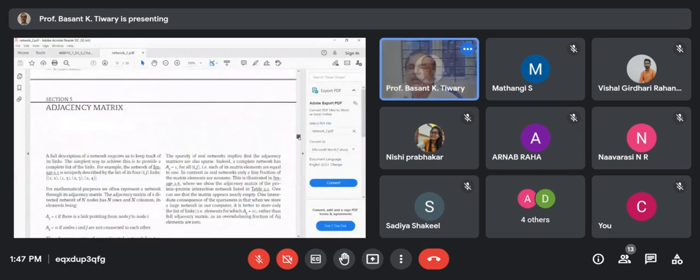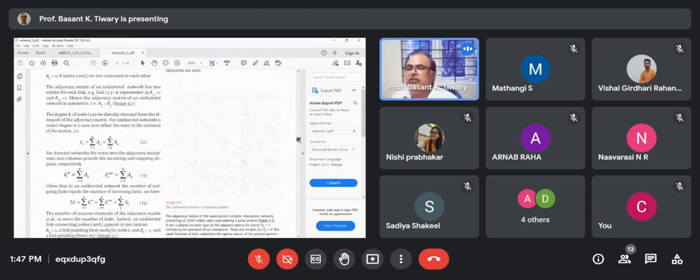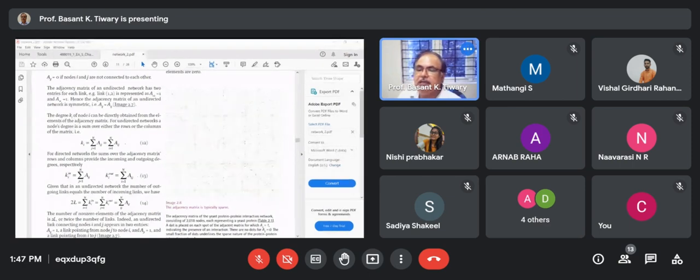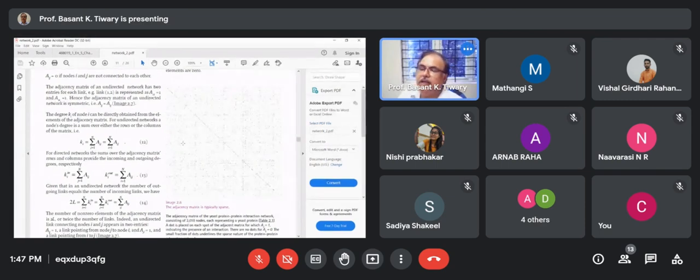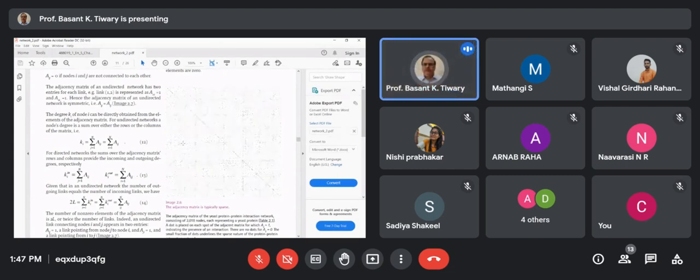Okay? And then this adjacency matrix is there. So you can see here, as I was telling you, that most of the adjacency matrices are sparse. And you can see here that this adjacency matrix is sparse in nature, because these dots mean one, which means there is a connection. And if it is empty, nothing is there, it means that it is zero.